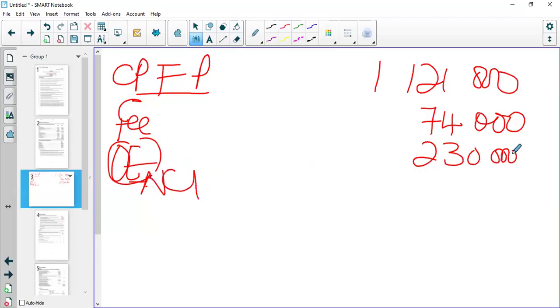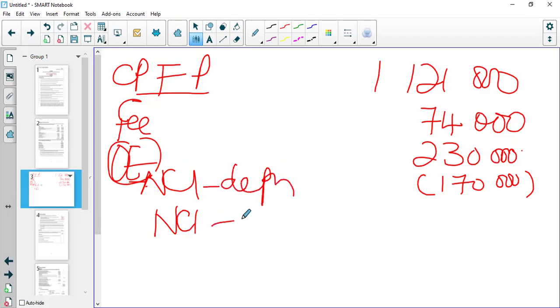So here our expenses is 230, but we must reduce that by 170 because we know that wasn't cash. You won't find depreciation on the bank statement. So non-cash item again, so that was depreciation. Non-cash item, that was impairment, right? And is 20,000. It doesn't come out of the bank account.